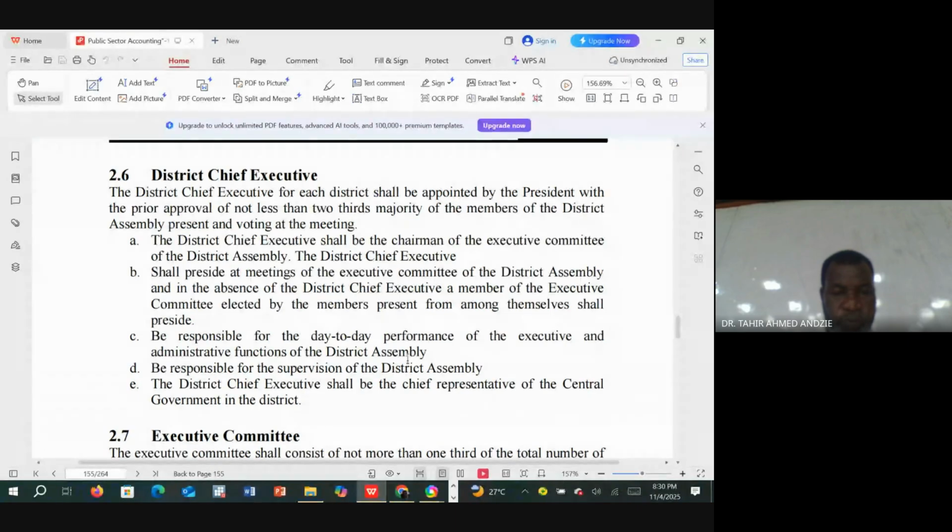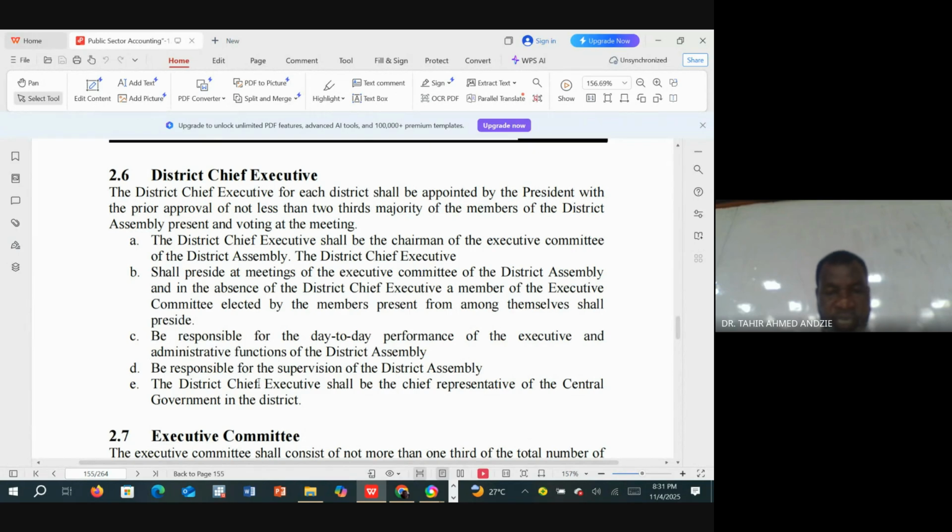You have to be responsible for supervision of the district assembly. So if we are saying that all the administrative heads, all the administrative units in the district, it is the district chief executive that has to give guidance and direction, okay, and ensure that all these administrative heads of the various ministries are performing.